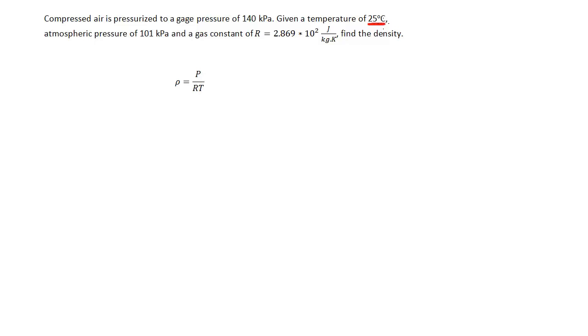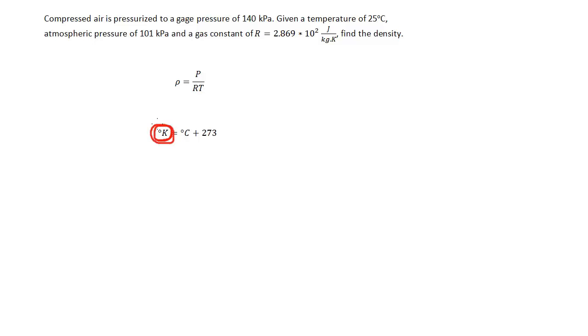25 degrees Celsius given here, and we need to substitute that into the temperature slot of the equation. And where a lot of students will go wrong is they'll just use 25 in here, but in fact you need to be using degrees Kelvin.